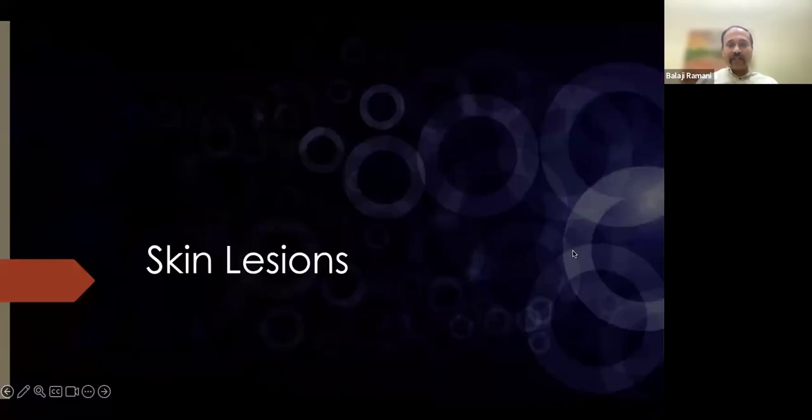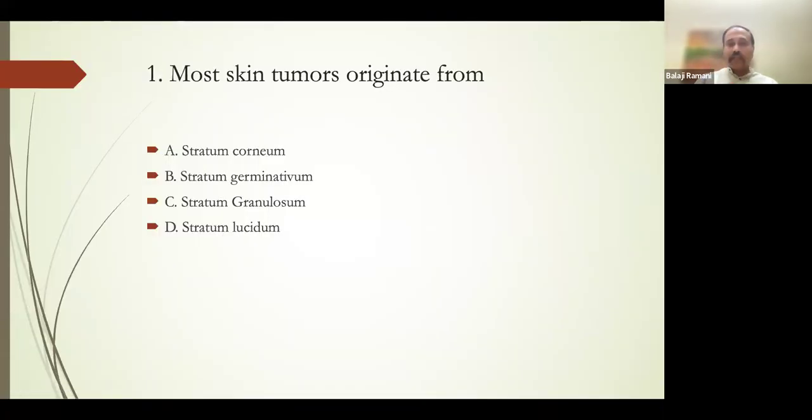So skin lesions are a widely variant topic, but usually you get only a few questions from them. Usually the answers are pretty straightforward, and you can crack them just by knowing the basics.